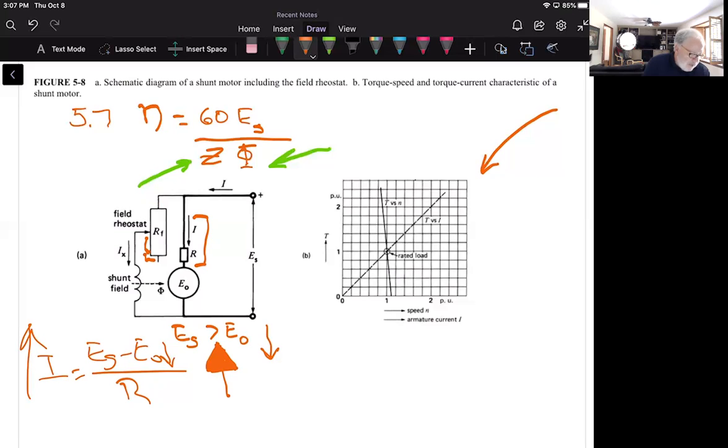So we can even raise the motor speed above its nominal value by introducing this resistor in series with the field.